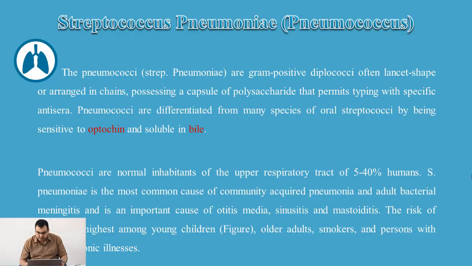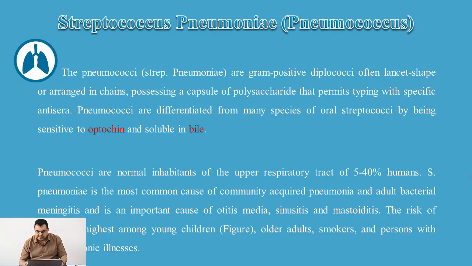Streptococcus pneumoniae. The pneumococci are gram-positive diplococci, often lancet-shaped or arranged in chains, and possess a capsule of polysaccharide that permits typing with specific antisera. Pneumococci are differentiated from many species of oral streptococci by being sensitive to optochin and soluble in bile. Pneumococci are normal inhabitants of the upper respiratory tract of 5 to 40% of humans.